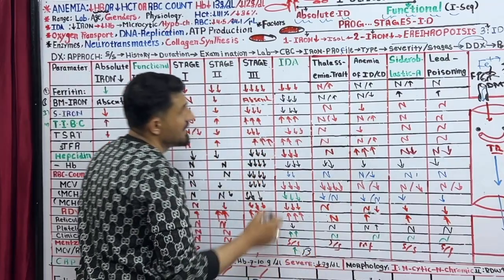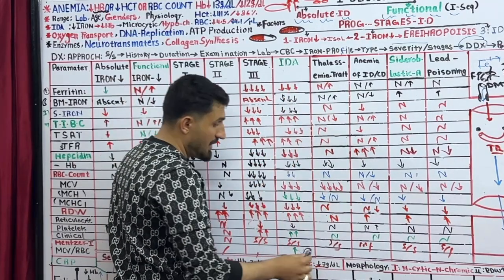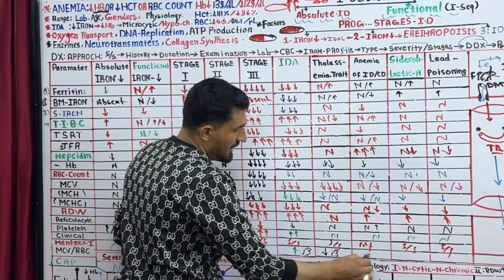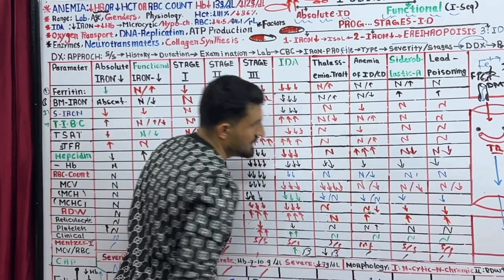Got it? And in thalassemia, it will be less than 13, and we don't use it there.